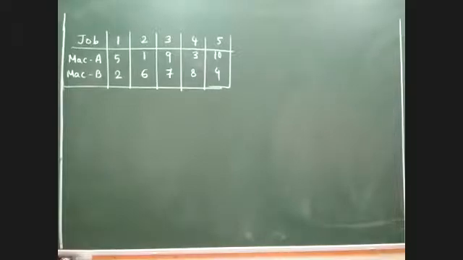Case 1 very precisely talks about a question where the number of machines is restricted to only 2 machines. Jobs can be any number: 5, 6, 10, 20. We are not bothered about the number of jobs. We are only concerned about the number of machines. If the number of machines is exactly 2, then we call that problem case 1. This is the first clarity. Without deciding which category it belongs to, don't proceed further.